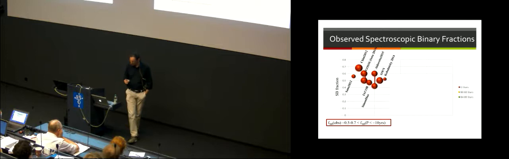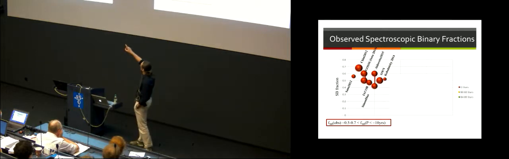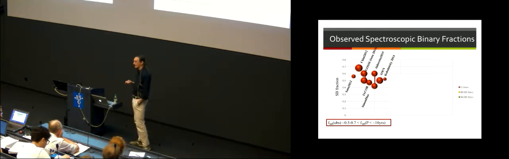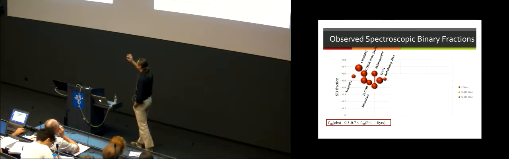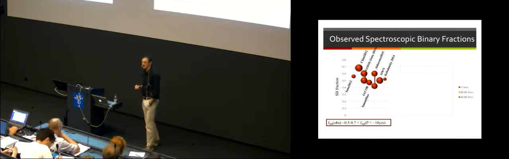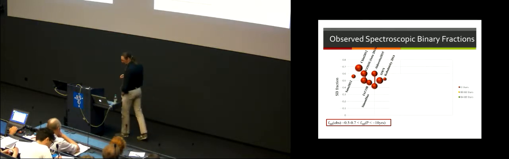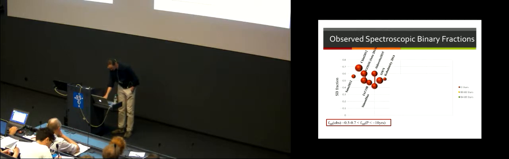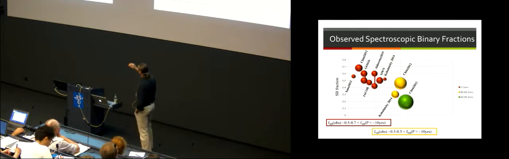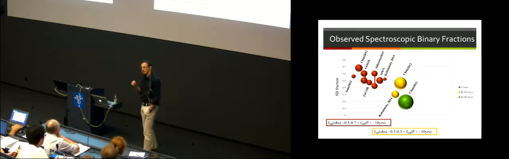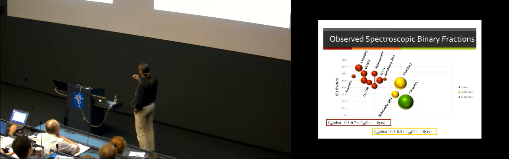So what you see is that aside from the paper of Cheney that has a little bit higher detected binary fraction, most of the constraints are getting numbers between 50 and 60% of the detected binary fraction. Then you have the B stars. There are only 2 surveys that have been doing B0 to B3 stars. Those are the stars that are 8 solar masses or more, and they got a binary fraction of 30 to 50%.